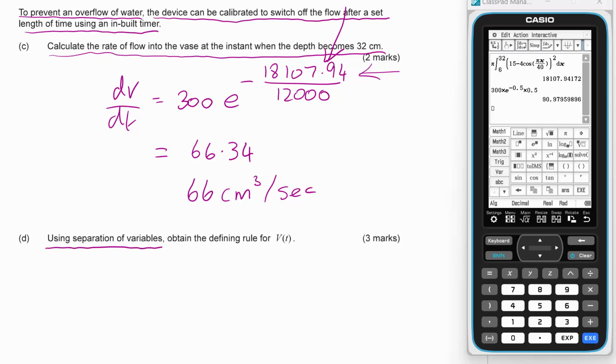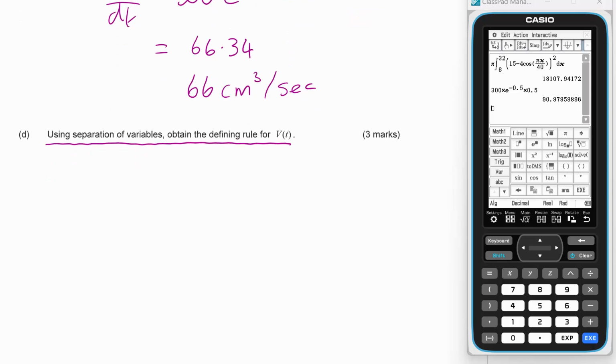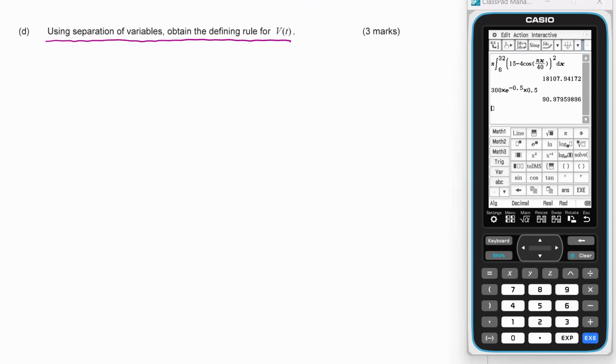Using separation of variables, obtain the defining rule for V(t). So we know that dV/dt is equal to 300 e to the negative V over 12,000.